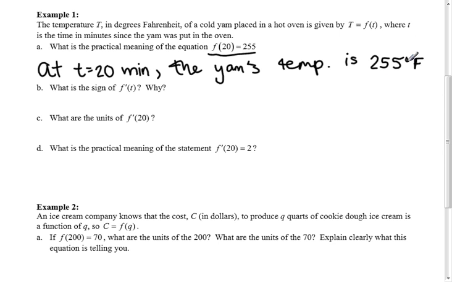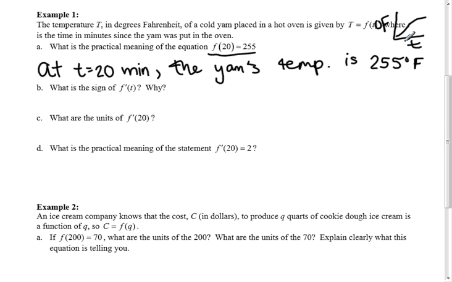If we were going to plot a little graph here, time would be our independent variable, and then we would have degrees Fahrenheit. When we graph it, it's going to rise, and then it's just going to hover right there at 255. So if we talk about what is the sign of f prime of T, how is the temperature changing?